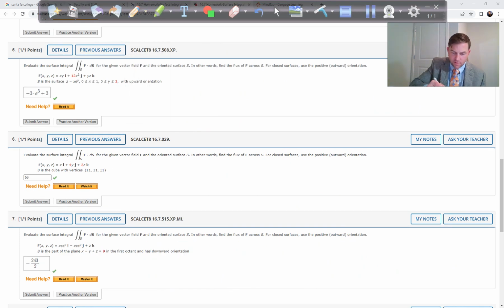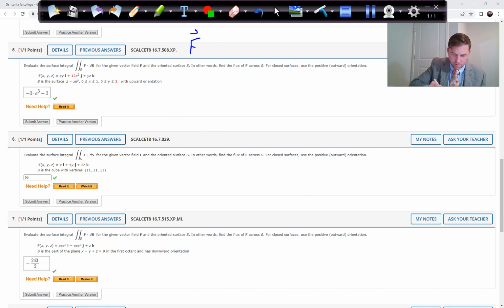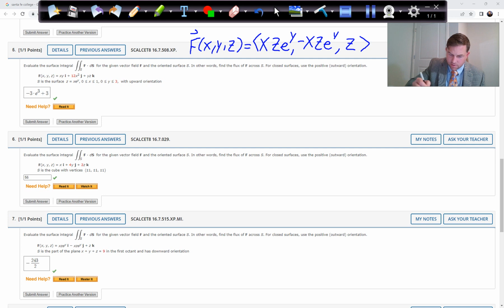We have the vector field equal to xz e to the y in the i direction minus xz e to the y in the j direction and z in the k direction.